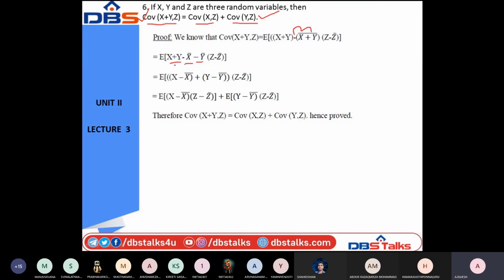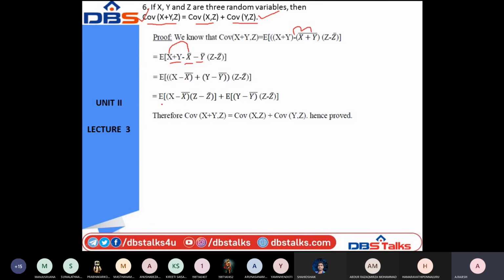So we can also write this as E of capital X minus X complement plus Y minus Y complement into Z minus Z complement.